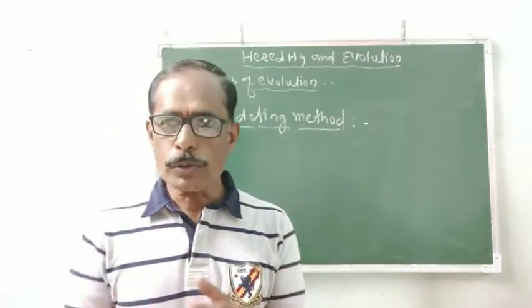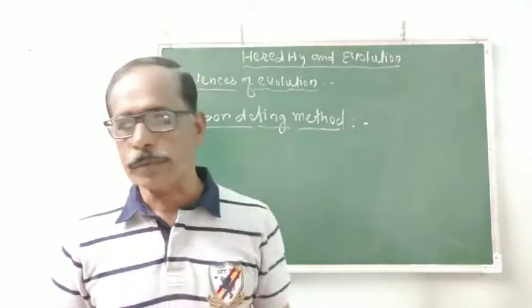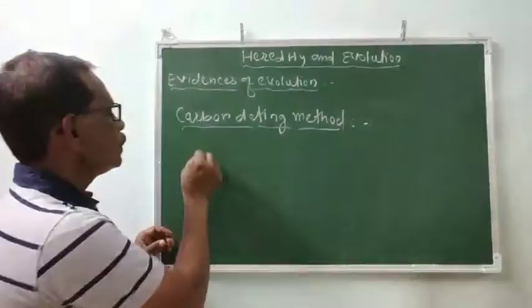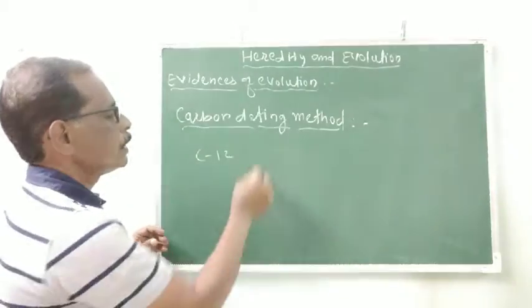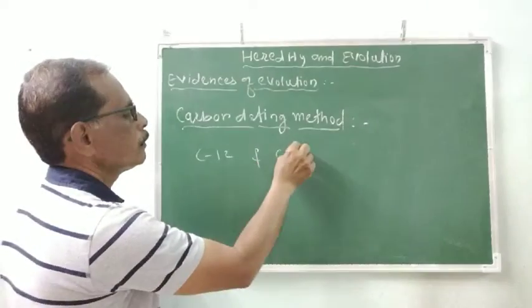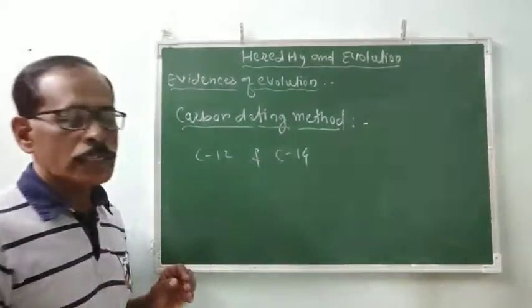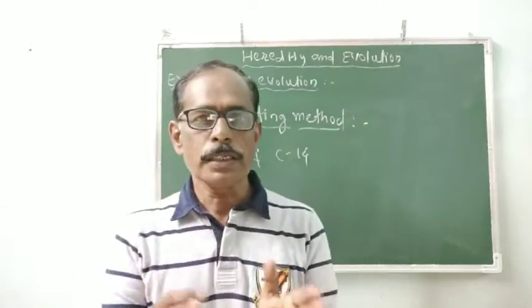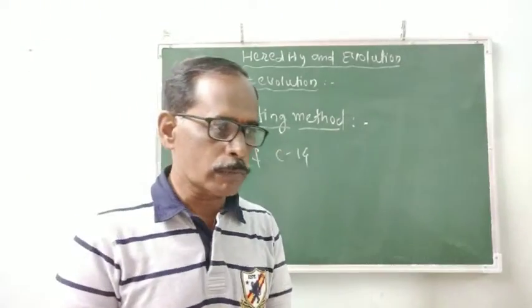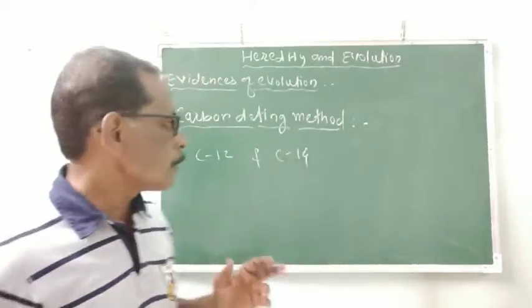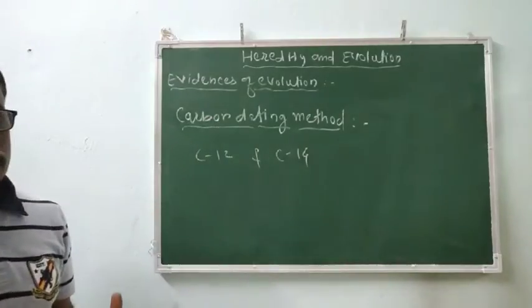And we also know that carbon has two types of isotopes. One is carbon 12 and the other is carbon 14. These are the two types of isotopes of carbon.